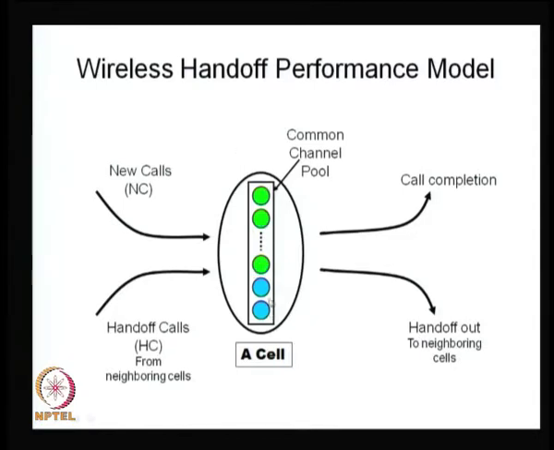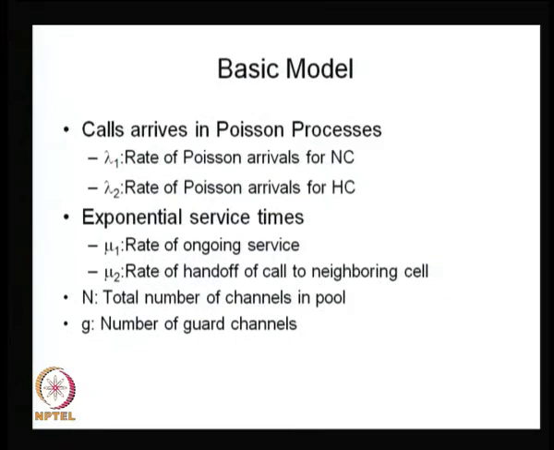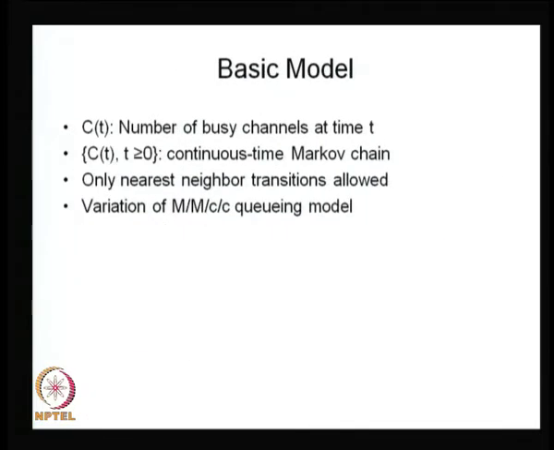Out of that, G is for the reserved channels, and accordingly we are first going to define a stochastic process X(t), which is nothing but the number of busy channels, where each channel is allocated to one call. Therefore, at time t, the number of calls is a random variable.